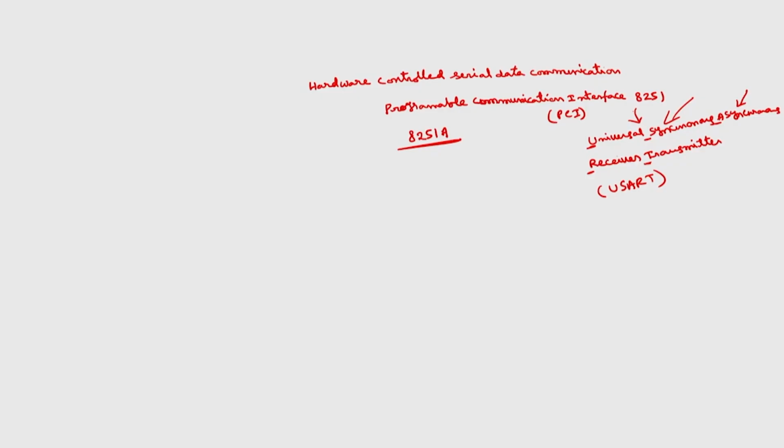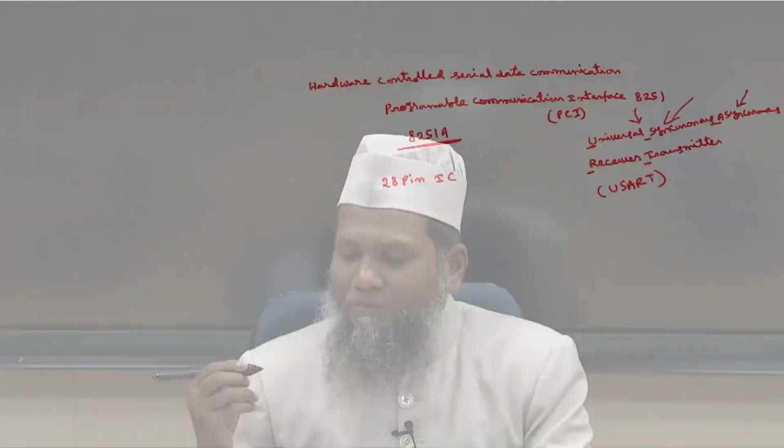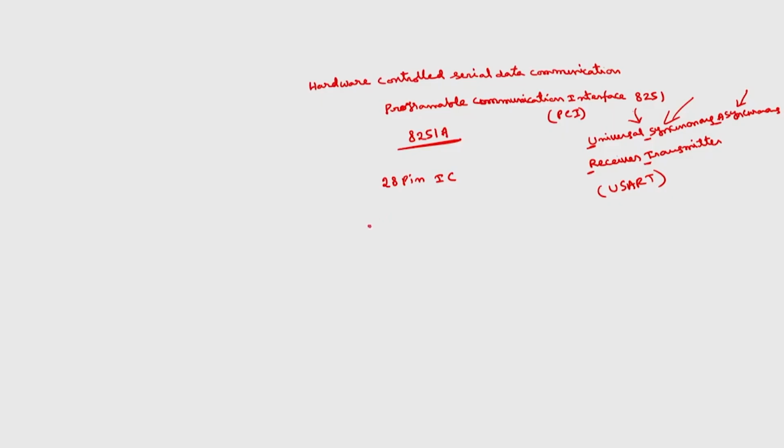Now, coming to this 8251A or 8251, this is a 28 pin IC. To control the synchronous as well as asynchronous operations, totally it has 5 blocks.